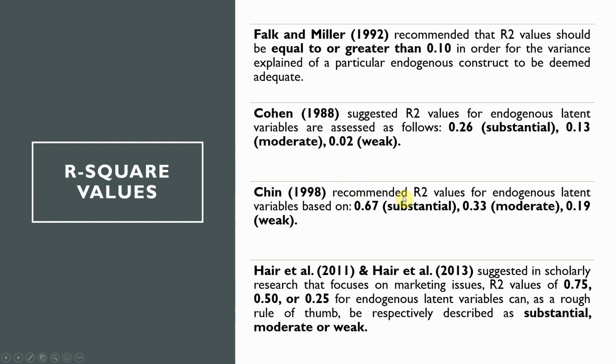Chin, again, 0.67 for substantial, 0.33 for moderate, 0.19 for weak. However, recently, Hair et al. in their book suggested that it should be 0.75, 0.50 or 0.25 for endogenous latent variables, and they are described as substantial, moderate, or weak, respectively.